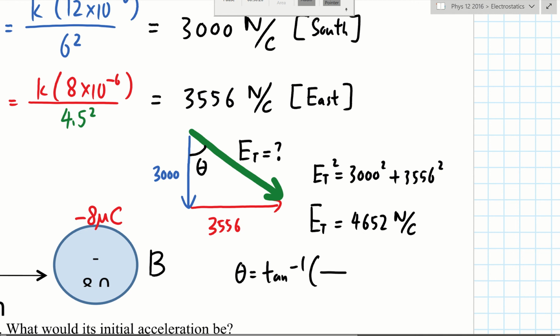Opposite is actually the red one, 3556, over adjacent, which is 3000. And that gives you 50 degrees east of south. Yep, east of south. So your total electric field and direction. There you go.